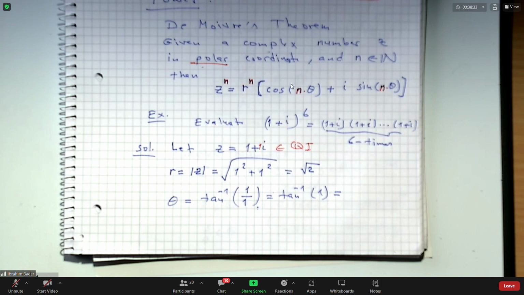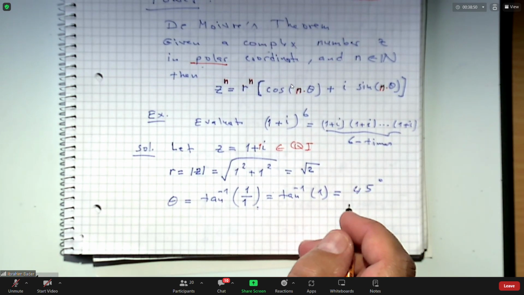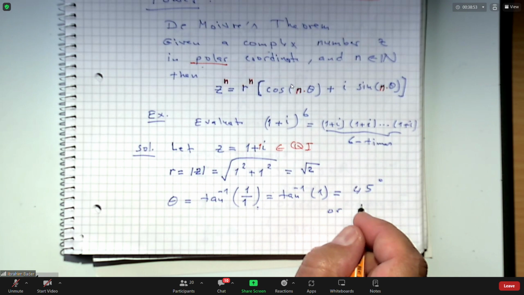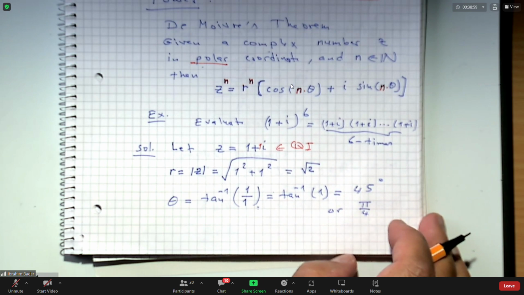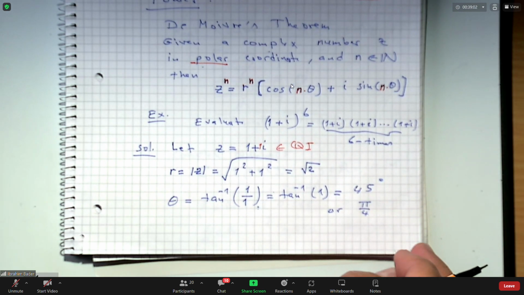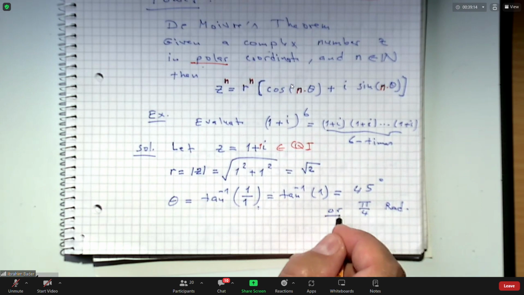We know n, we know theta, we know all the parameters we need for de Moivre's theorem. And now we can evaluate this exponent. So that means here 45 degrees, or by the way, it is pi over 4 in radians.